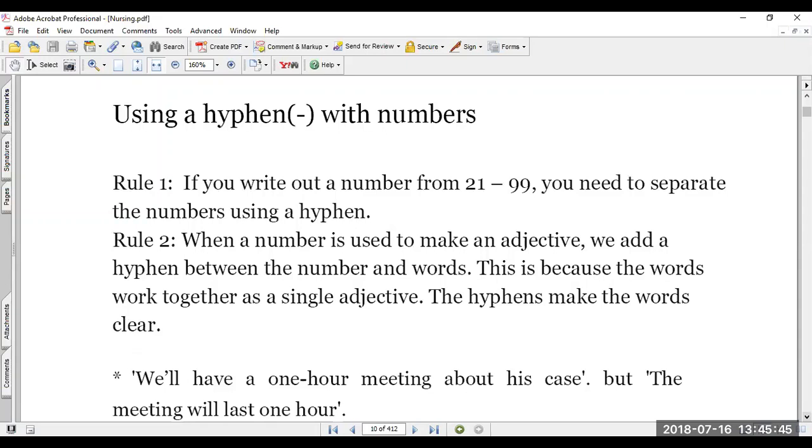So there are two cases. When a number is used to make an adjective, we add a hyphen between the number and words because those two words together work as a single adjective.